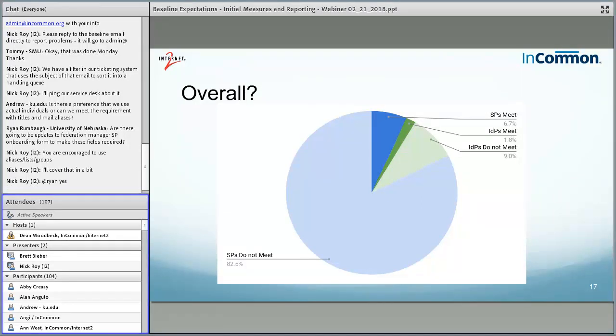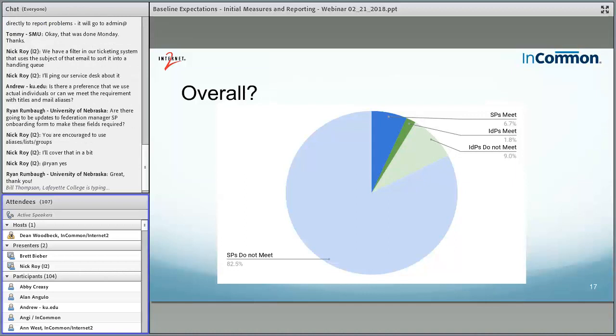So the numbers here really tell us and highlight the need for baseline expectations. There are some significant gaps in the user experience that we have, and also in the trustworthiness of our Federation. This chart helps demonstrate the need for baseline expectations, and will also give us a model, something to chart over time.